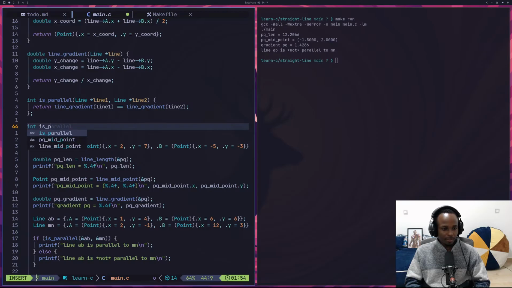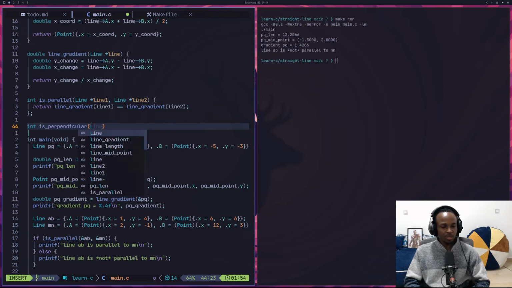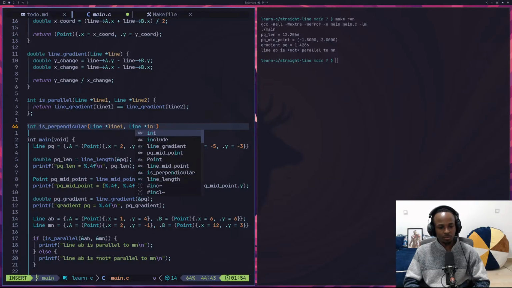Anyway, so again, is perpendicular will return an int, and it's going to take two lines, line 1 and a reference to line 2.